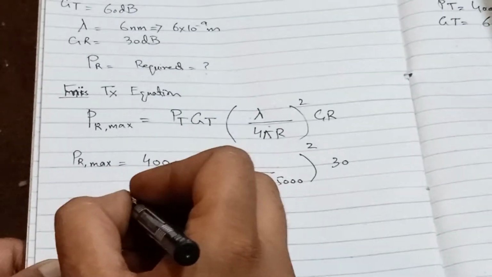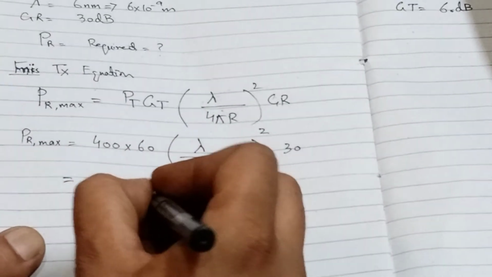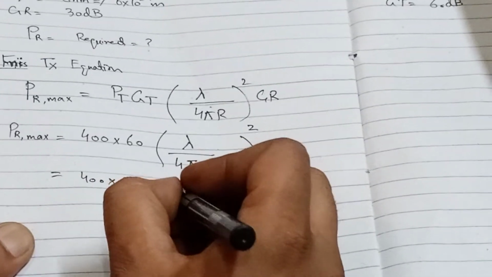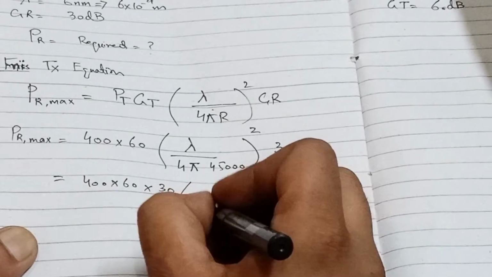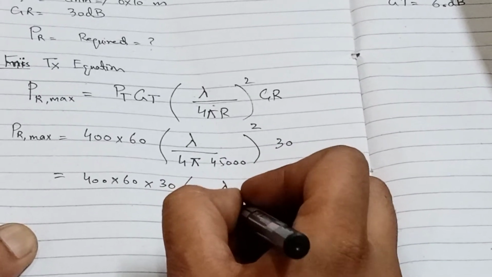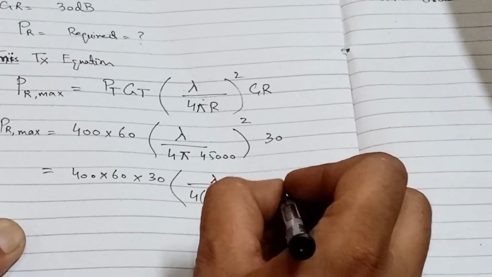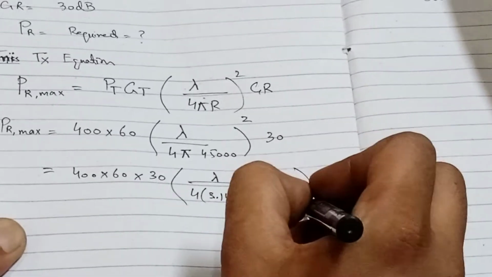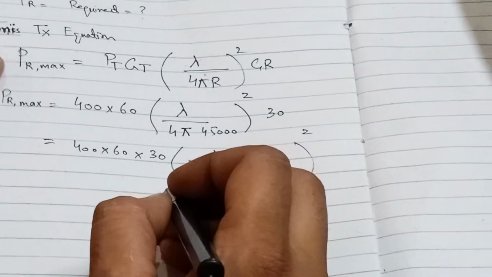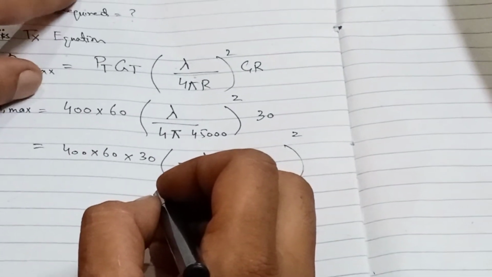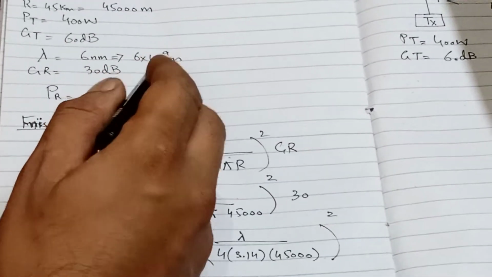Now simplify it a bit more. What we get is lambda divided by 4 into 3.14 into 45000, and this whole square will come here, right? Now lambda is 6 nanometer in our case, so 6 nanometer is equal to 6 multiplied by 10 raised to the power minus 9 meters.